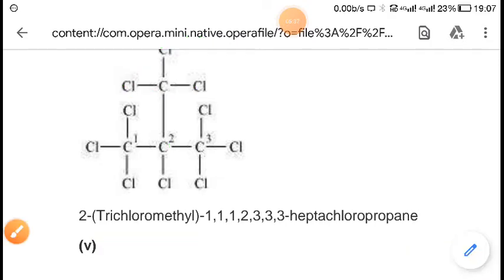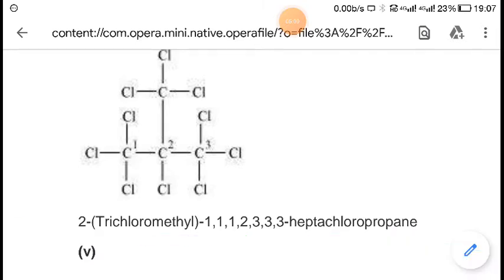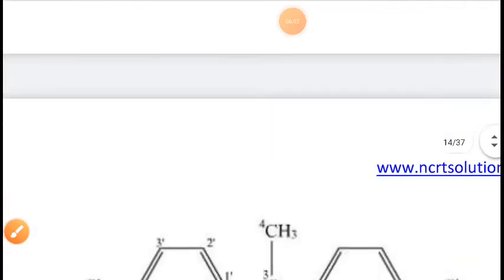After that we can write in the first position, you can see 3 chlorine is there, so 1 1 1. After that in the second position also chlorine is there, in the third position again 3 chlorine is there, so 3 3 3. How many chlorine? 1 2 3 4 5 6 7 chlorine, means it will be 2 trichloromethyl, 1 1 1 2 3 3 3 heptachloropropane.